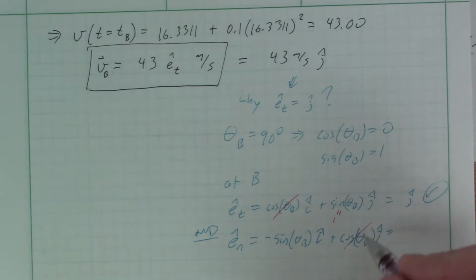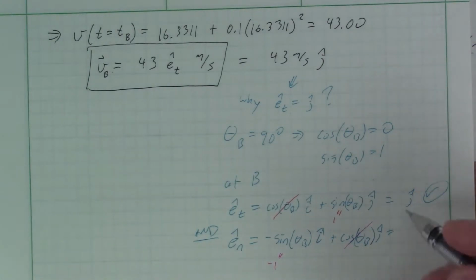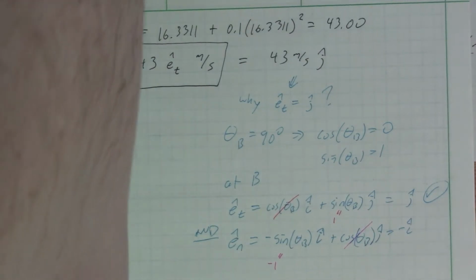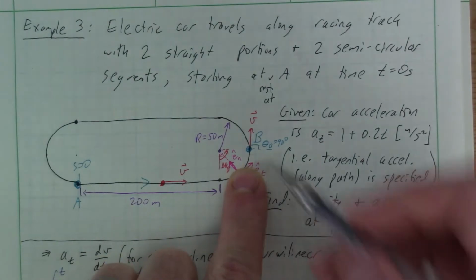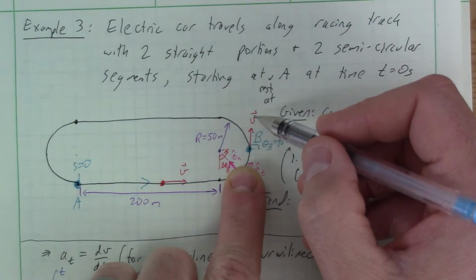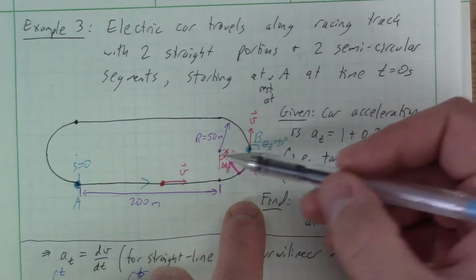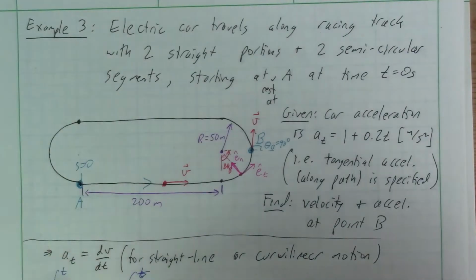This is 0, this one equals minus 1, and so we get minus i hat. And does that make sense, right? Once we get to b, the normal is perpendicular to the direction of motion, which is the velocity, and n points towards the center of curvature there, which is in the negative i hat direction.